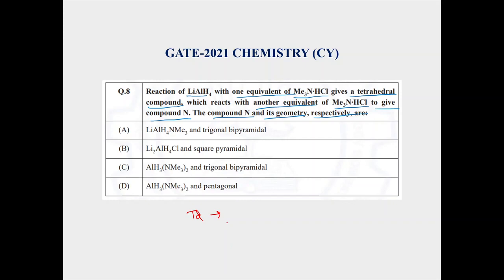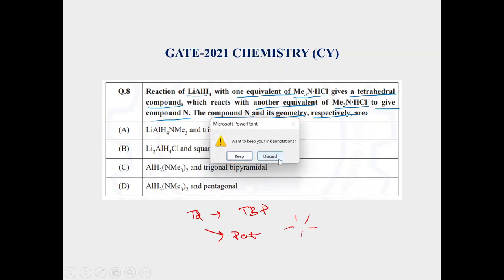Yes, we can explain in that way as well. Going from tetrahedral to trigonal bipyramidal is easy, since just one ligand is added. But going from tetrahedral to pentagonal means all the ligands have to come into the same plane, and that is difficult. So that is a correct way of explanation. What is your name? Ravindra. Yes, you are absolutely correct.